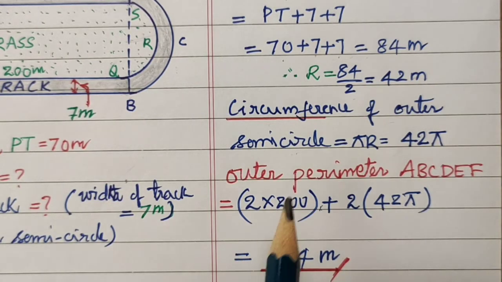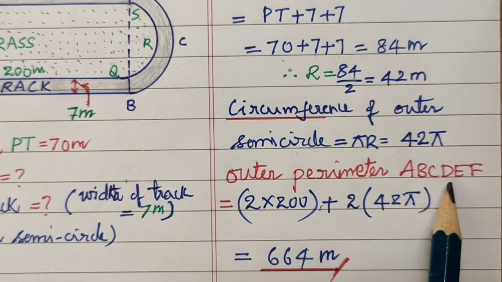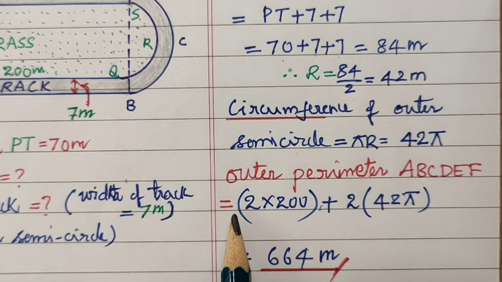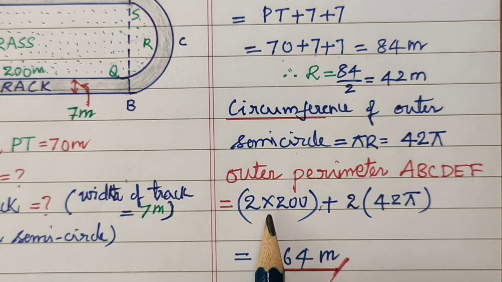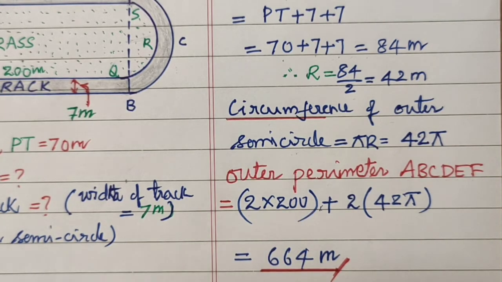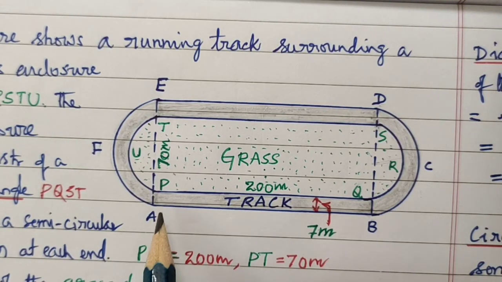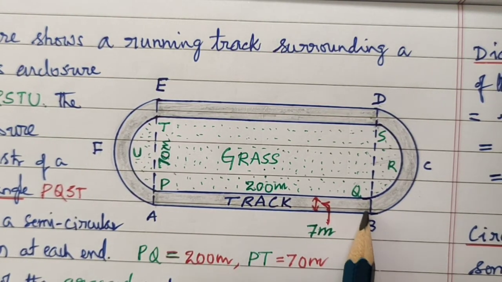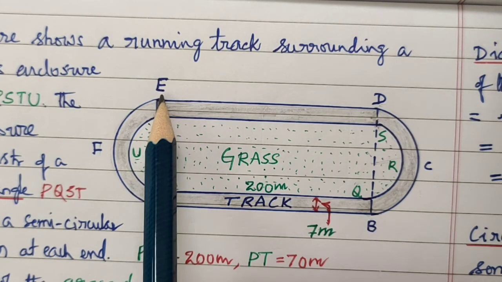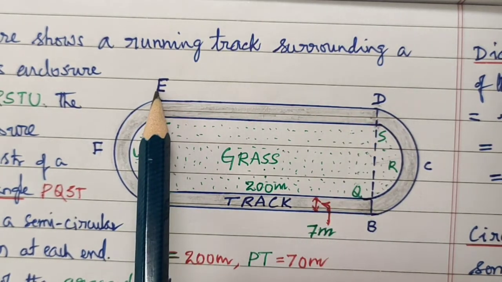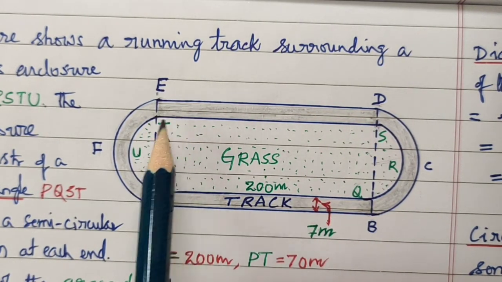Then the outer perimeter ABCDEF is equal to 2 into 200. 200 meters is the length from A to B and from D to E. This is the perimeter we need to find. A to B is 200 meters and D to E is 200 meters.